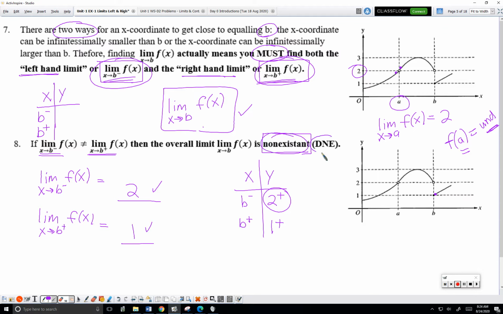Or I sometimes use the abbreviation DNE, does not exist. So I never, ever, ever find this limit. I always find the left and the right and compare them. Always. No exceptions. Now sometimes I do it mentally, like I don't write things out, I just kind of look at it. I think Sarah was saying that a minute ago. But I am finding the left and right always.